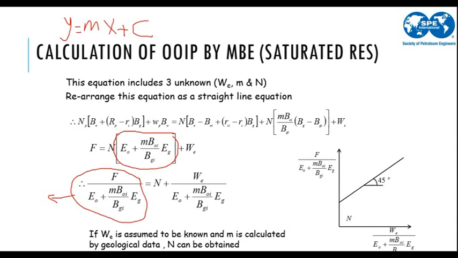Let's say that Y is the left hand side, F over EO plus m Beta oi over Beta gi multiplied by EG, and this term is the constant, or c, and this term N is the slope of the equation.